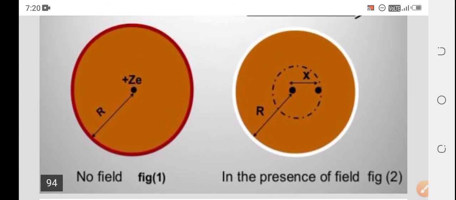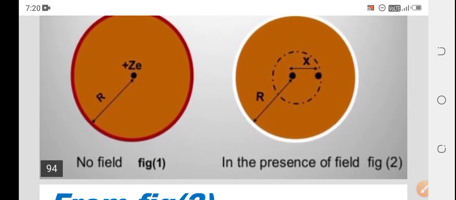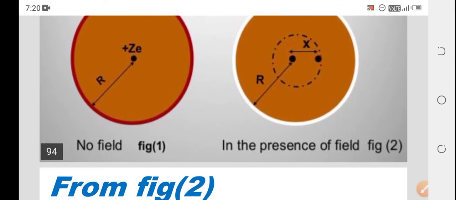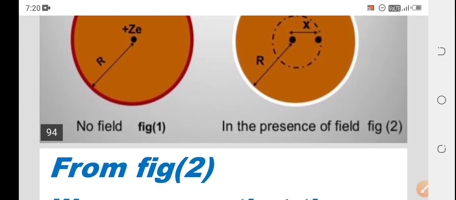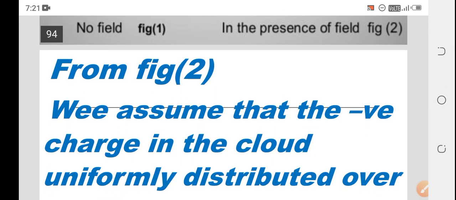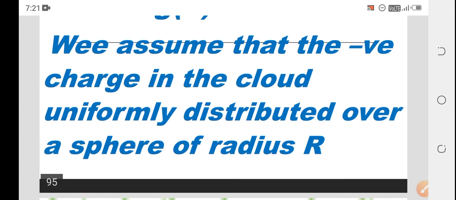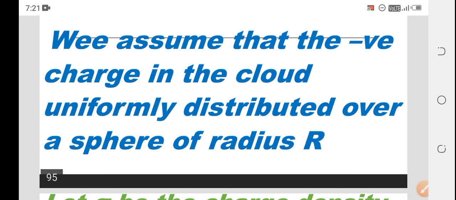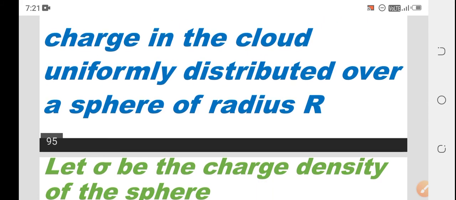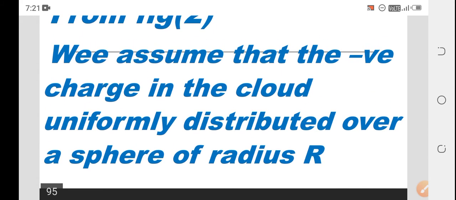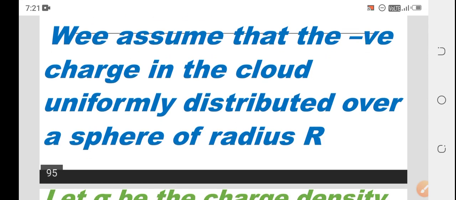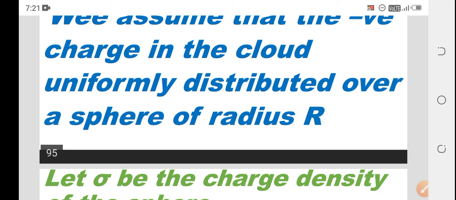Here +Ze is the nucleus and R is the radius. From figure 2, we assume that the negative charge in the cloud is uniformly distributed over a sphere of radius r.